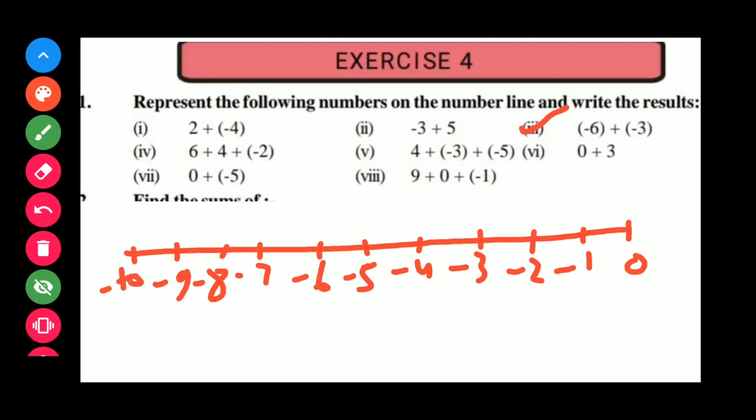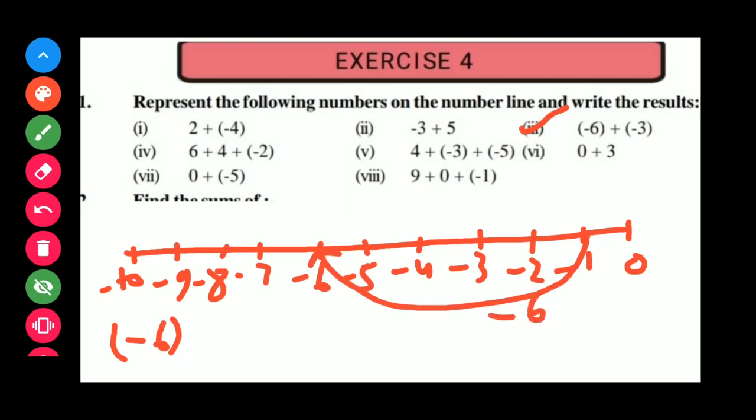So first of all, -6. That one is -6. You can draw this one. It is your -6.